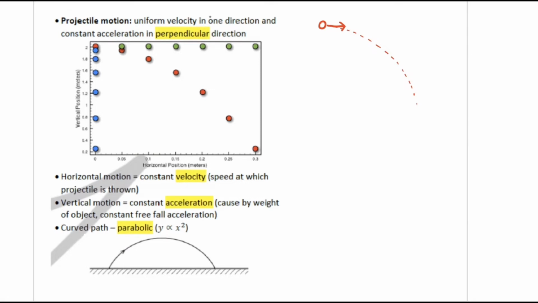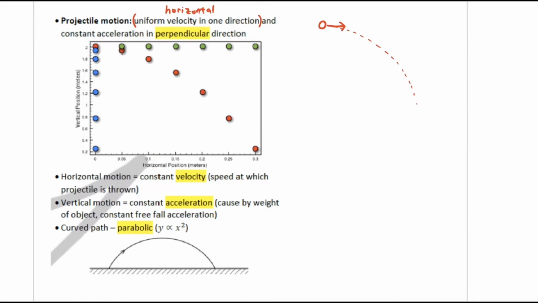So you see here, uniform velocity in one direction. In what direction? In the horizontal direction. The horizontal component is experiencing uniform velocity. So you see it in this way. The actual motion is the red one.